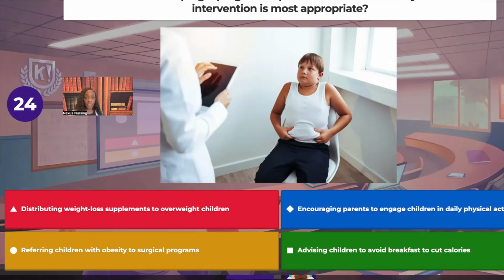You, the nurse, you're developing a program to prevent childhood obesity. What intervention is most appropriate? By the way, that program you're developing to prevent childhood obesity, would that be primary, secondary, or tertiary?